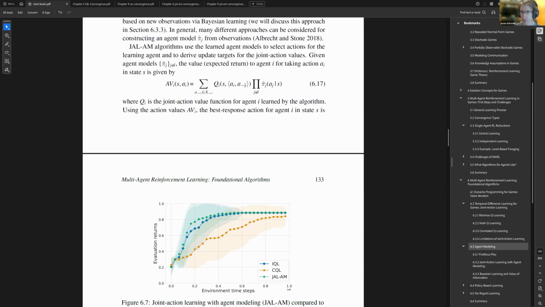Then you would try to hopefully learn the minimax solution, and we cover that also in an earlier chapter. But there are lots of techniques like this that will not converge to the minimax solution. Independent learning usually won't. This joint action learning has a chance of converging to that, or a better chance of that working.